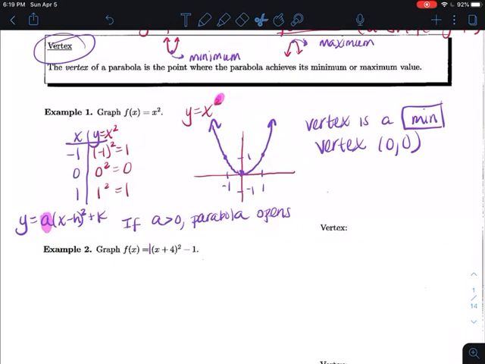If the a value, which is the number in front of the parentheses, is greater than 0, the parabola opens up. So it looks like this. If a is less than 0, then your parabola opens down. So that's your upside down parabola.